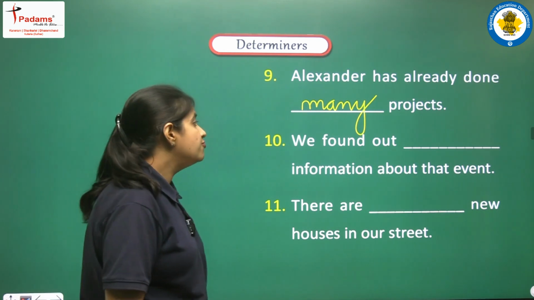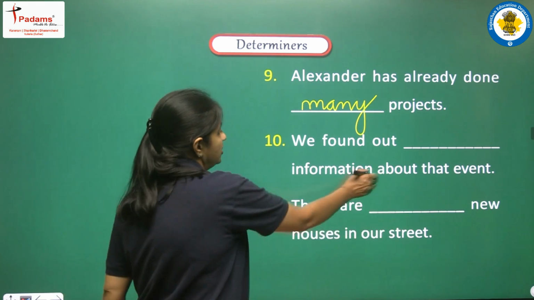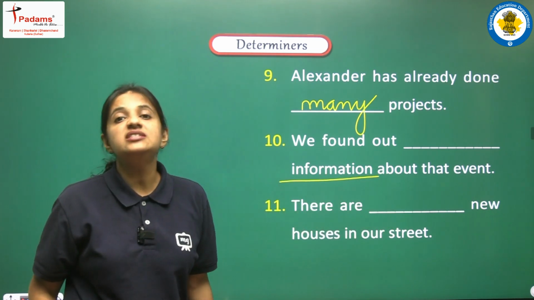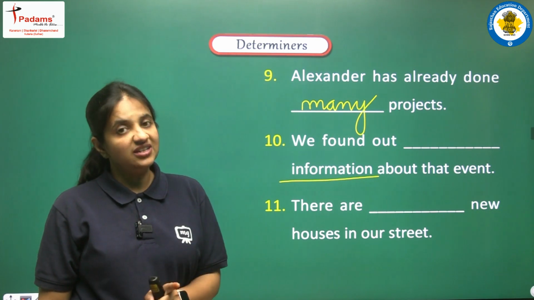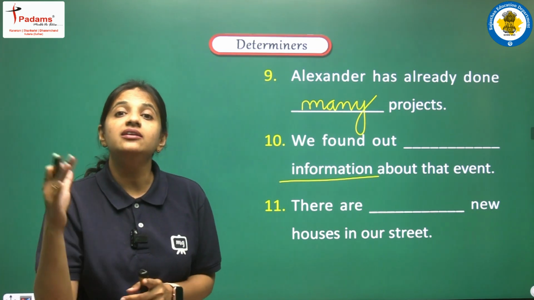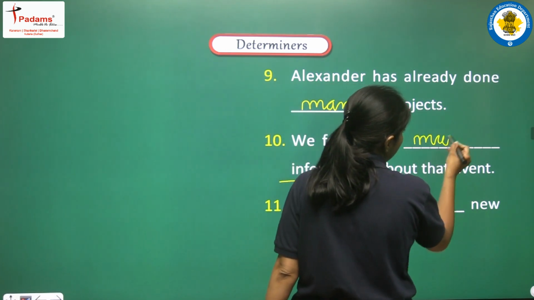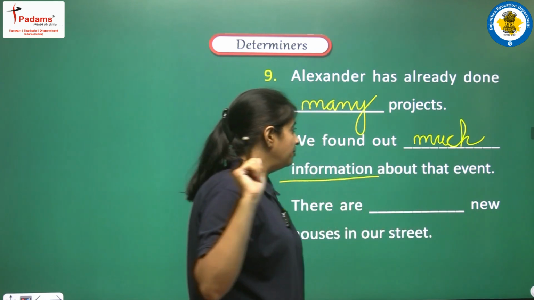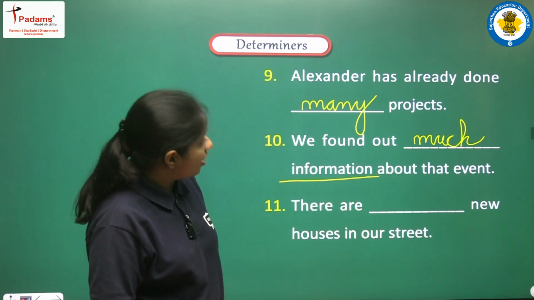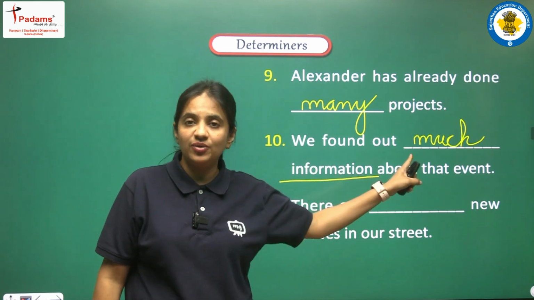Next, we found out information about that event. So here in this sentence our noun is information. Information, students, be very careful. Information is an uncountable noun, and for that here in this blank we have to write much, and the complete sentence will be, we found out much information about that event.